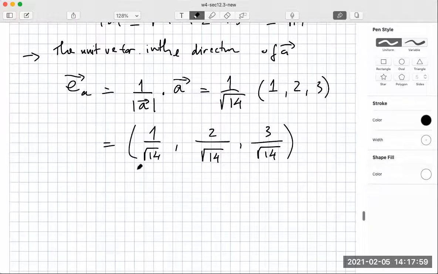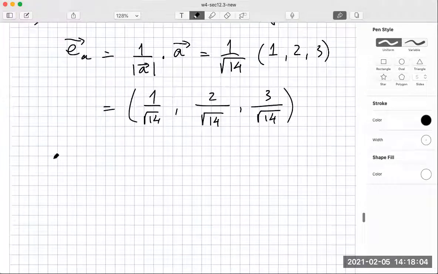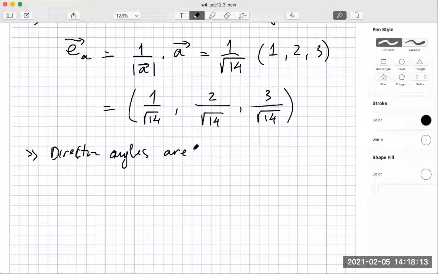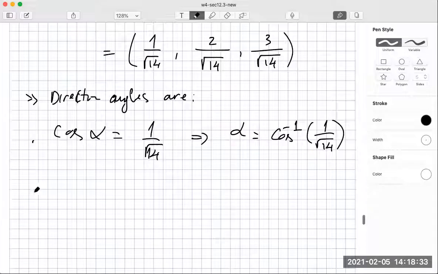Therefore, the direction angles will be: cosine alpha will be 1 over square root of 14. Very good. It means alpha will be, okay, very good.